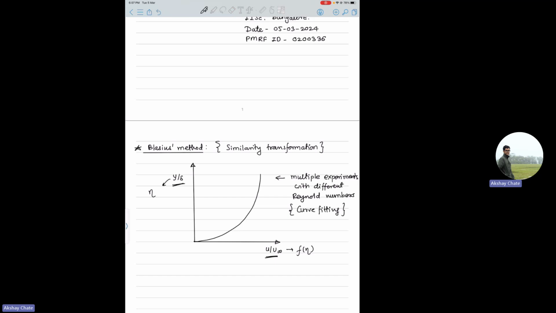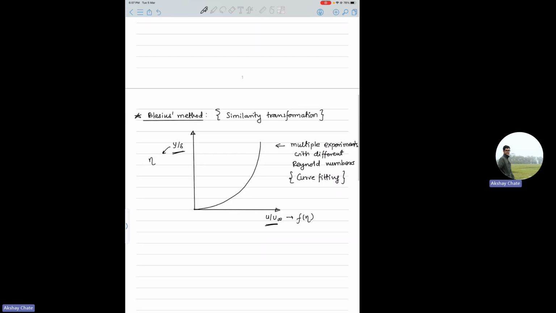Then you take the help of your governing equations, especially your continuity equation and momentum equation, that you already know how to do. There are various terms in those. So basically this eta is y by delta.